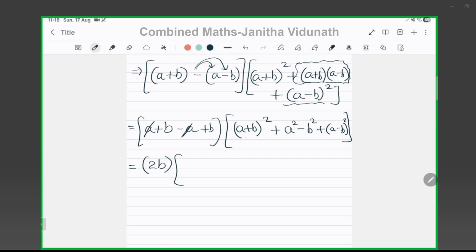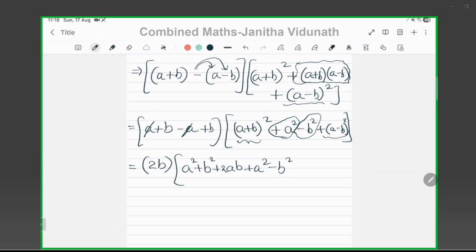From here, we can expand a plus b whole square: a square plus b square plus 2 times ab. Then here we have the remaining a square, and here the remaining minus b square.